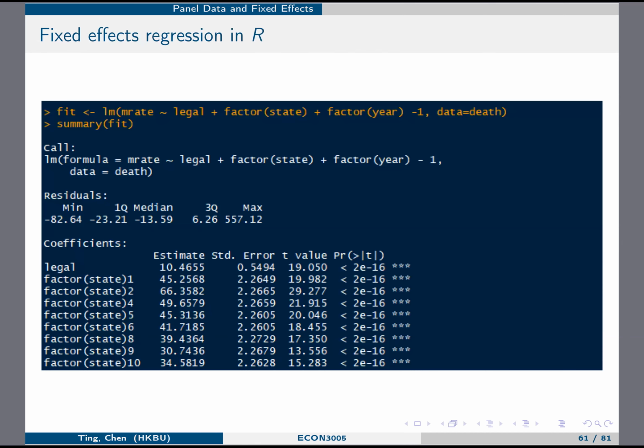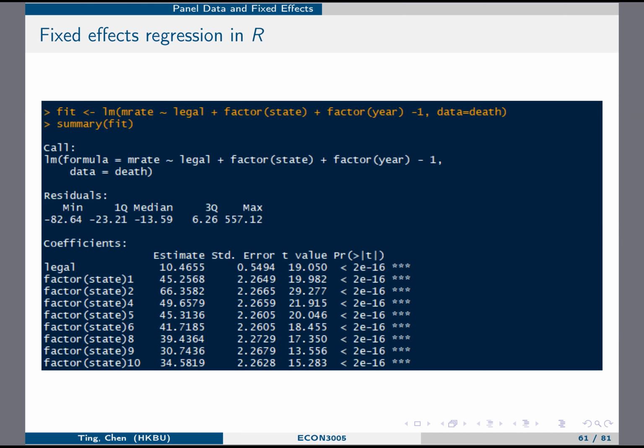So let's do exactly that in R. Before, we talked about the mean regression; now we go back to the two-way fixed effect with dummies, using the dummy regression. So how do we run the dummy regression? Before, we defined the factor variable state and the factor variable year, and then put them into the regression.